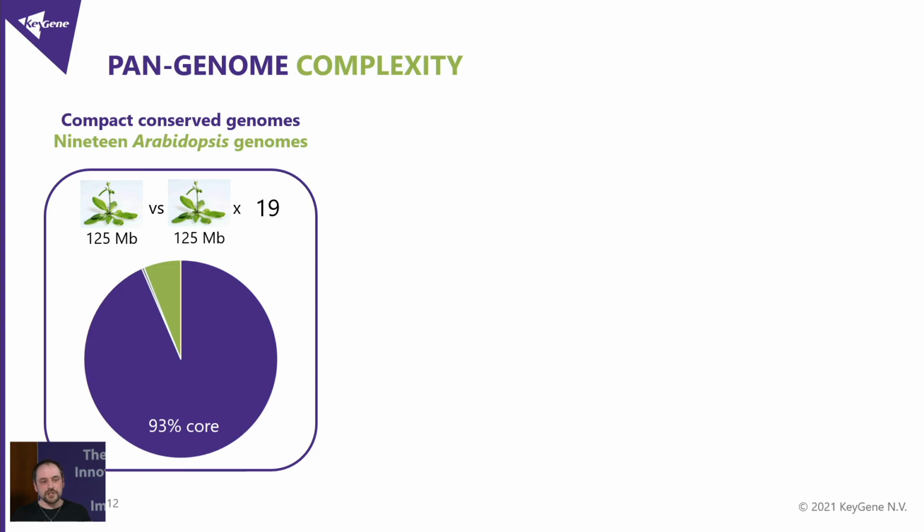Now, PanGenomes from different crops, of course, have different complexity. And what we have seen by looking at very small genomes like Arabidopsis, taking about 20 of those genomes and aligning them to each other, is that most of the genome is actually the same, what we call the core genome. So those are regions where all these 19 accessions align collinearly.